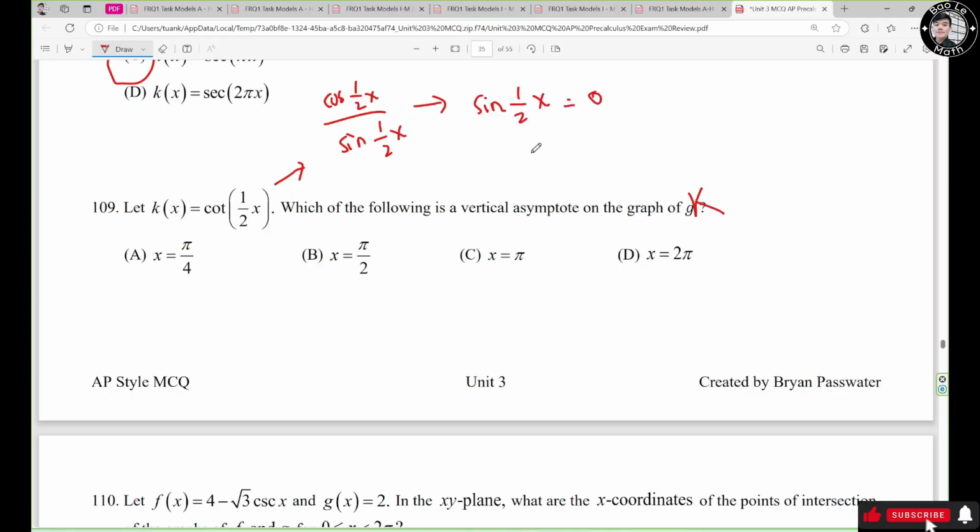Solve for s, so 1/2 s equals 0, or 1/2 s equals pi, within one cycle. Multiply both sides by 2, so s equals 0 and s equals 2 pi. So only this one matches, so the answer is D.